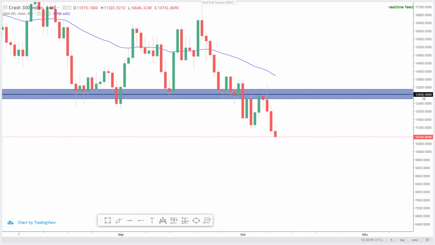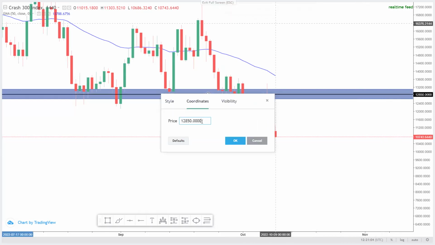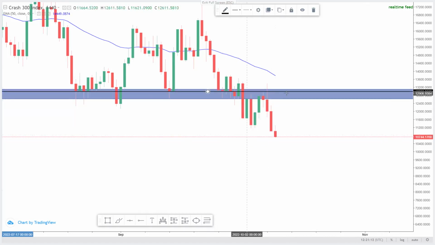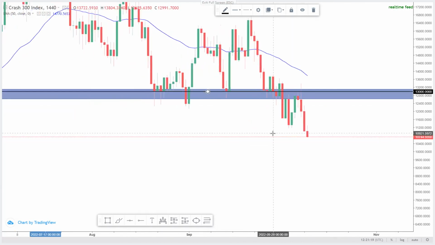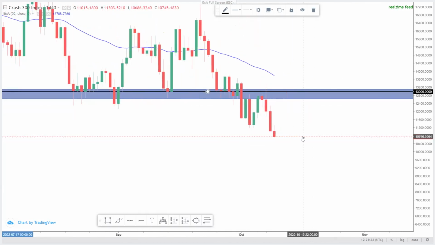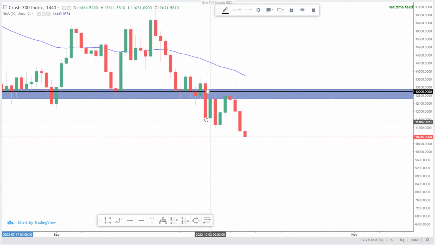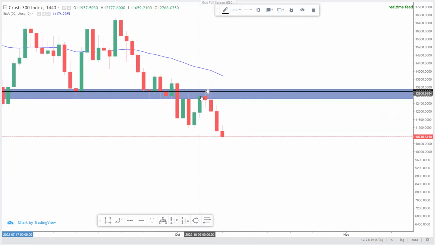Coupled with the fact that we had a psychological number there, 12850, we can make use of that psychological number. And then we can notice our price action gave us clues as to what will happen next upon reaching the level.